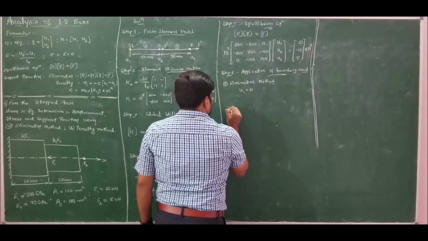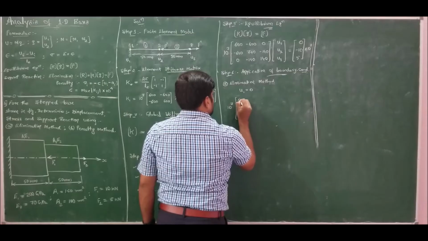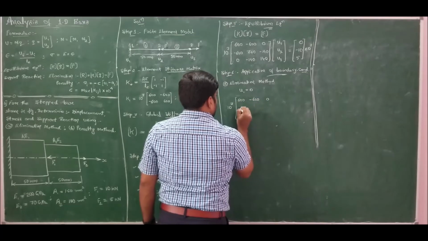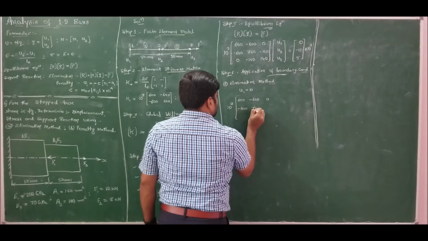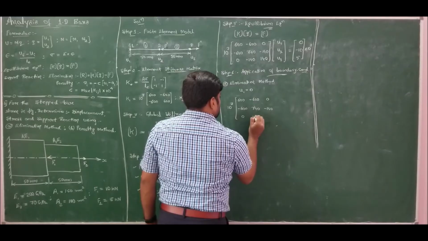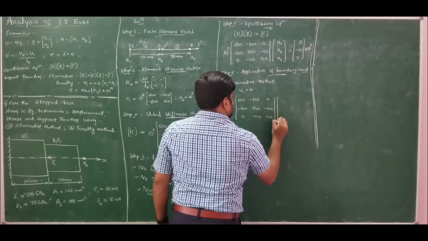So if I rewrite the equilibrium equation and apply the boundary condition, I will get 600, minus 600, 0; minus 600, 740, minus 140; 0, minus 140 and plus 140.